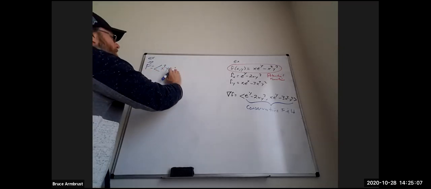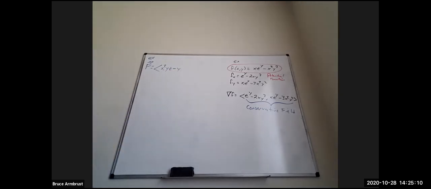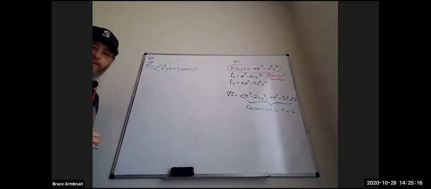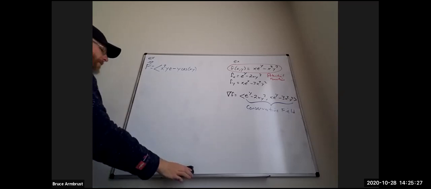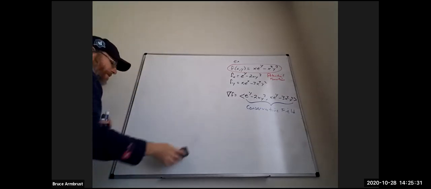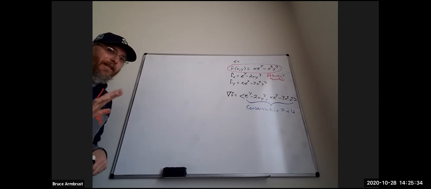Let's go minus y cosine of xy. You know what? Hold on. Abort. I'm making one up as I go, and that's always a problem. So just hold on a second here. Let me try this again.